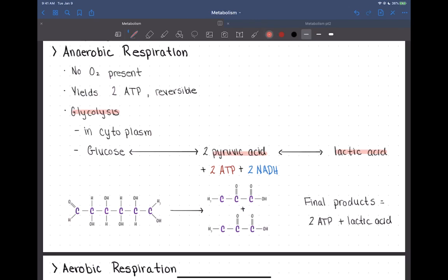Okay, so this first step is called glycolysis, and glycolysis occurs in the cytoplasm. What's going to happen is we're going to take our glucose, this drawing of our glucose. It has 6 carbons, like we said, C6. We're going to break it essentially in half. It's a little more complicated than this, but for what you need to know, we break it in half, and that gives us 2 molecules called pyruvic acid or pyruvate.